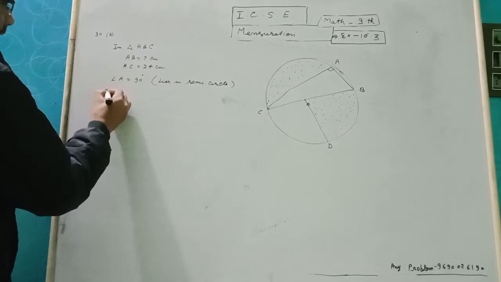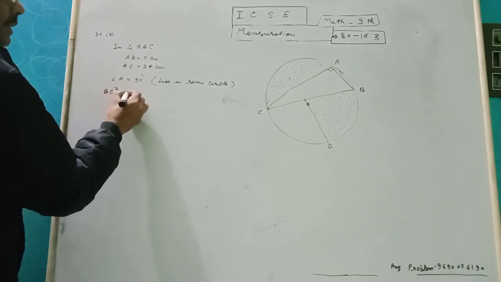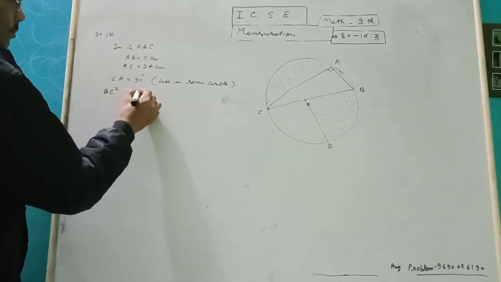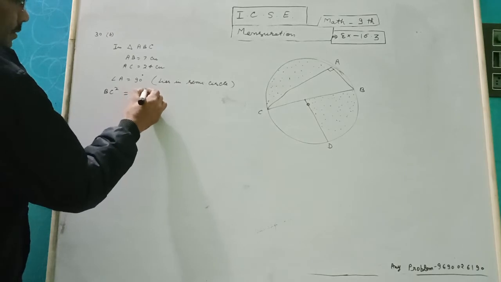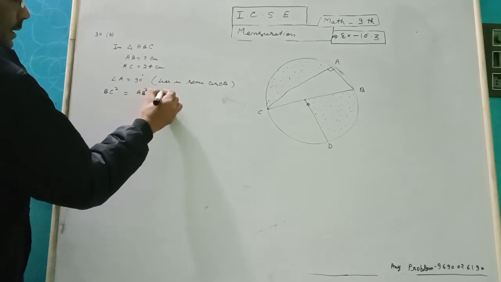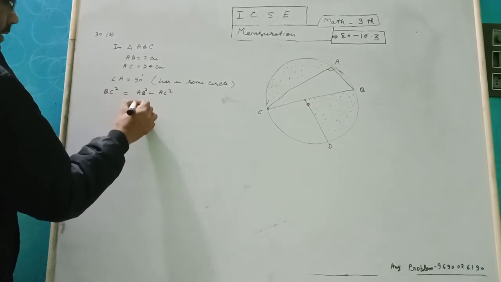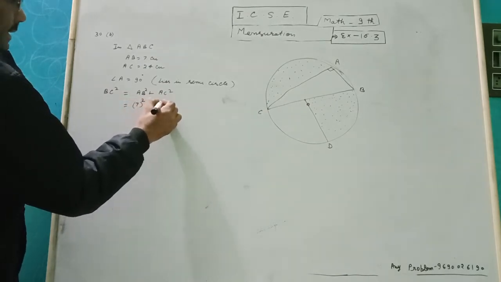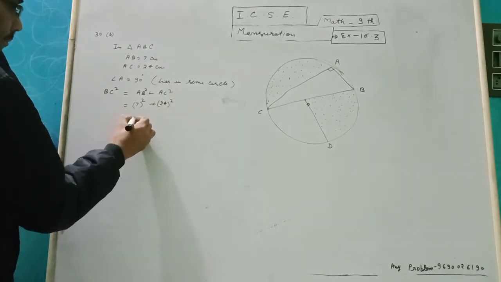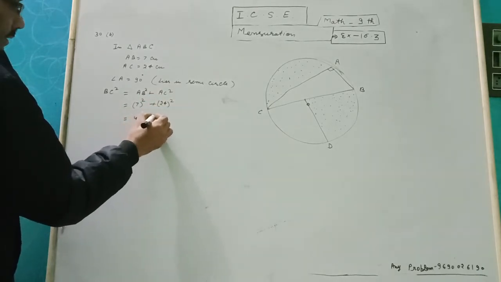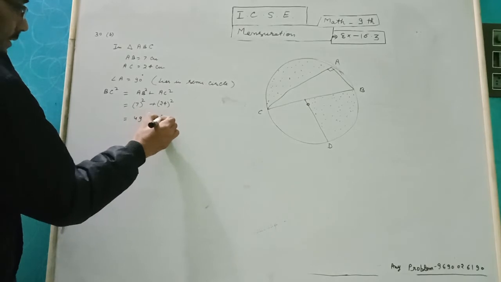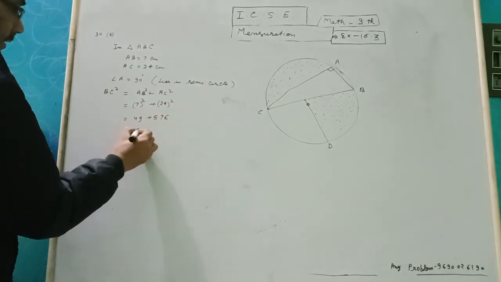Pythagoras formula: BC square is equal to AB square plus AC square. AB value is 7, AC value 24, after square 49, 576, after plus 625.